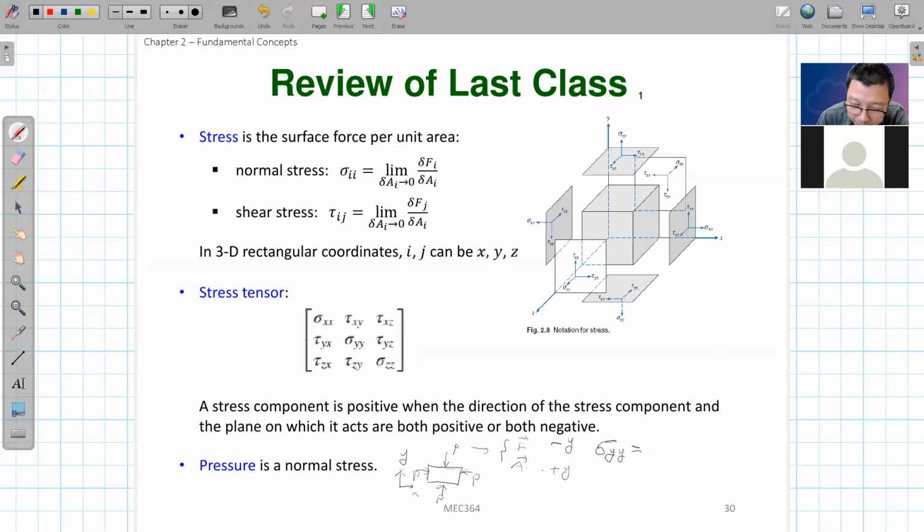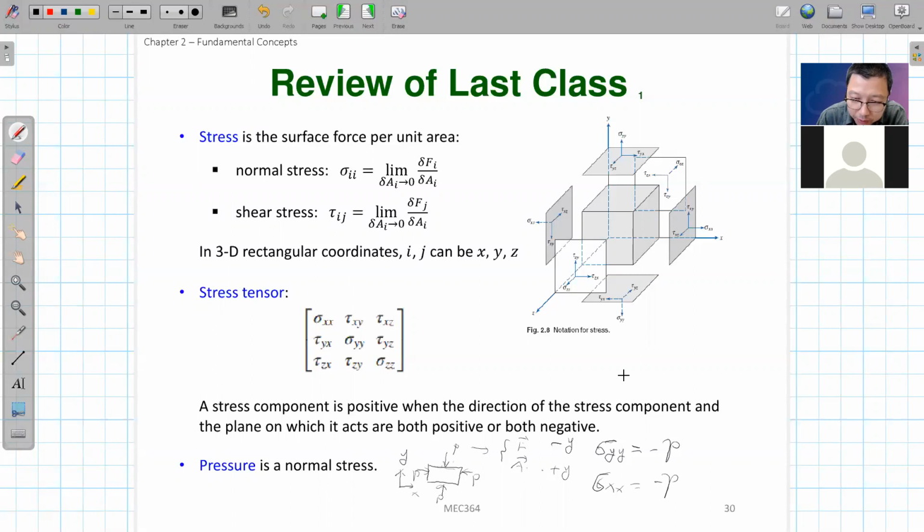This will be equal to negative p, if p is a positive value. By this notation, this will be a negative tensor. You can do similar things on the left, right, and bottom sides, and you will similarly get sigma_xx equal to minus p. So this is an example for the normal force.